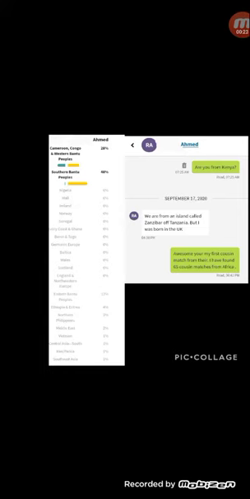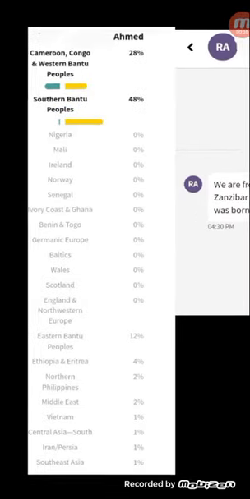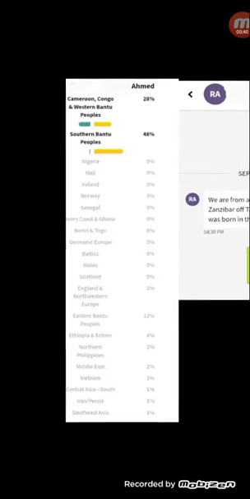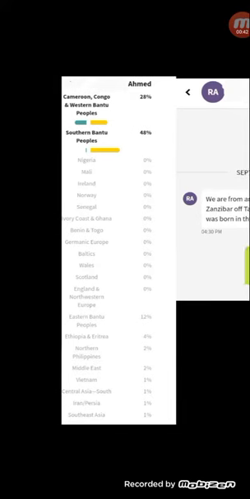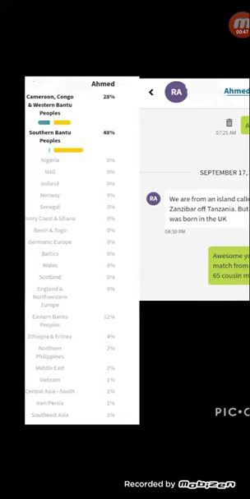What made me message this cousin match specifically was the unique combination of Southern Bantu ancestry and the Eastern Bantu, and the mix at the very, very bottom, as you see here, of Ethiopia, Eritrea, Northern Philippines, Middle East, Vietnam, Central and South Asia, Iran, and South Asia.